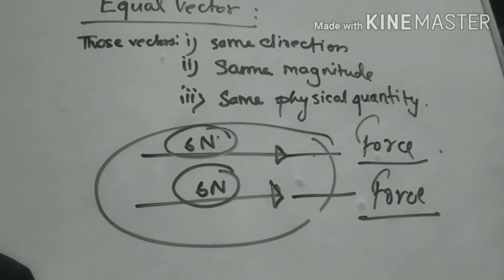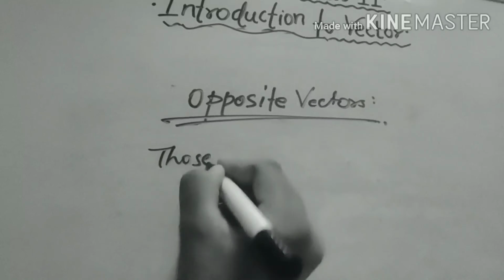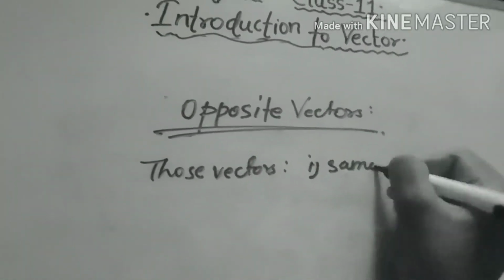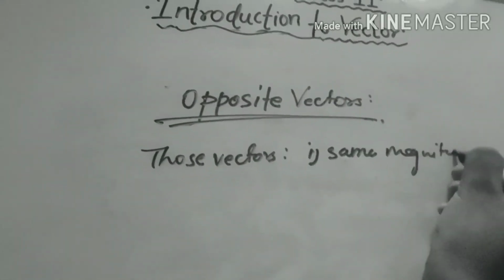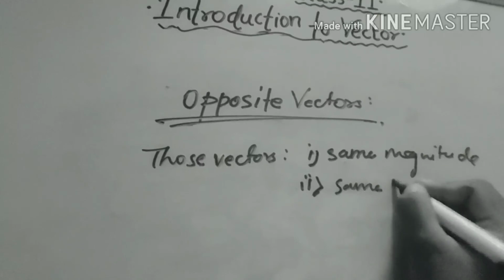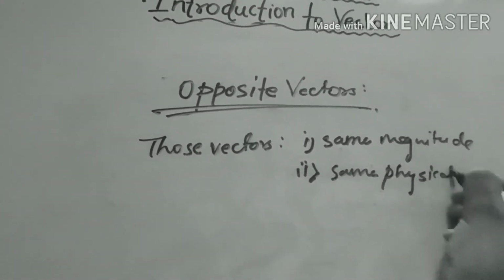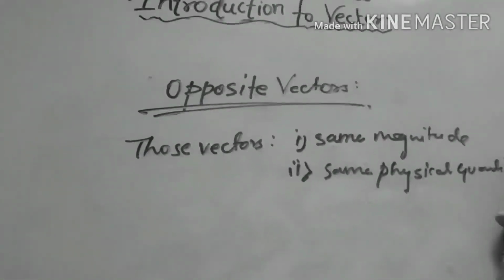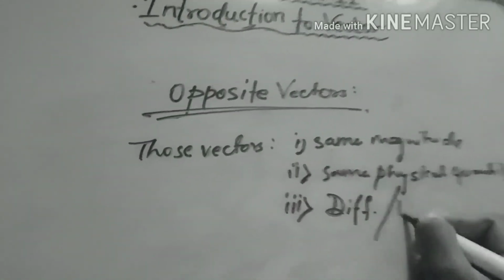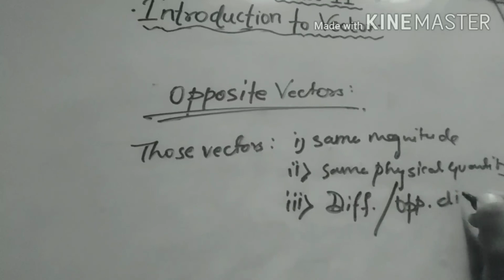Okay, and we will be seeing what opposite vectors are. Opposite vectors are those vectors which will have the same magnitude, or the same physical quantity, but they will have different, or we can say opposite, direction.